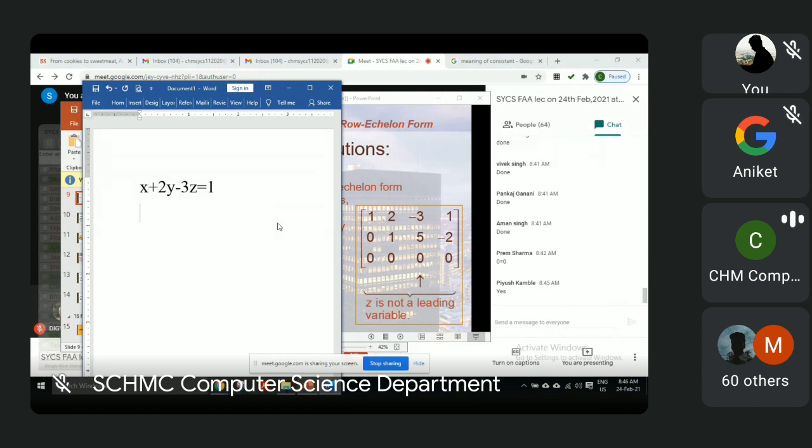Second equation will be 0x, so I'm not writing 0x. I'm simply writing y plus 5z equal to minus 2. Third equation is 0 equal to 0, so I will not be writing that part.